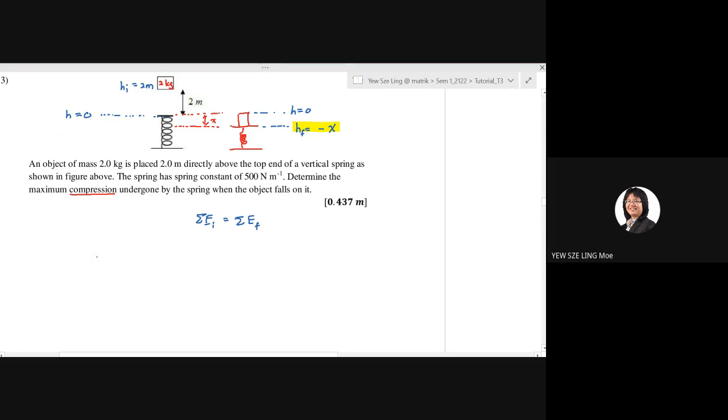Because now my object experiences a change in position, it is moving with motion, and it has a spring in the system. So I'm going to write K initial plus UG initial plus US initial equals K final plus UG final plus US final.